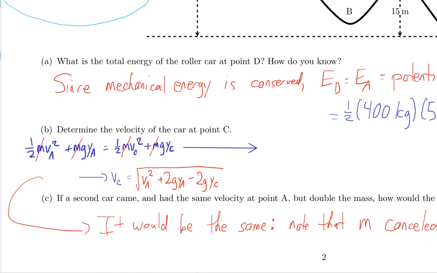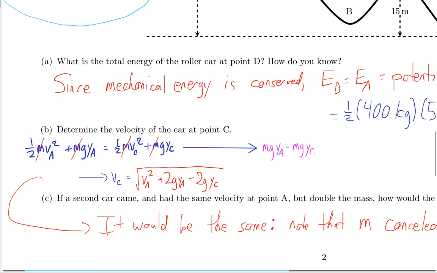I'm going to put all the velocities on the right, and all the gravities on the left. What I'm about to do is show how potential energy and the work energy theorem are really equivalent. So I get mg y_A minus mg y_C equals 1/2 m v_C squared minus 1/2 m v_A squared.